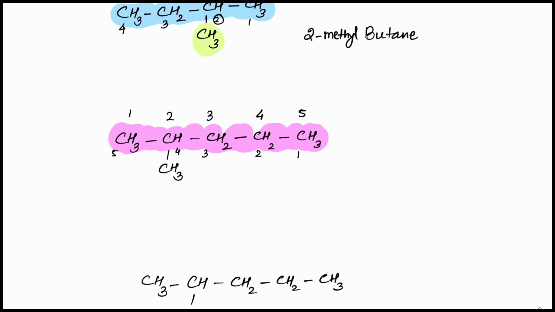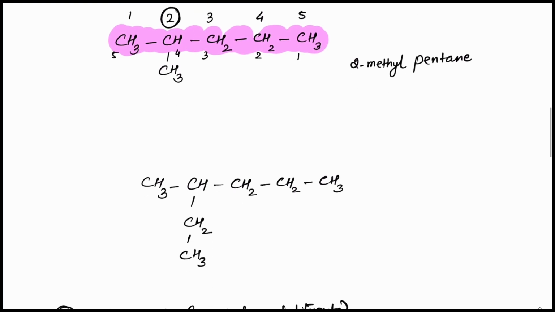So we will take the position as 2. Now there are 5 carbon atoms in the parent chain, so this is a pentane. And the methyl group is attached at position number 2, so it is 2-methylpentane. Let's do one more example.